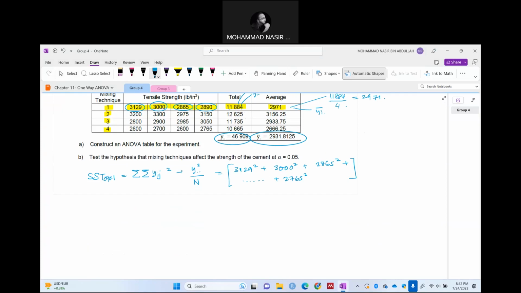Okay. So minus y dot dot square. Y dot dot means the summation of every observation. So this one should be 46909 square divided by how many observations we have? 16. So divide by 16.